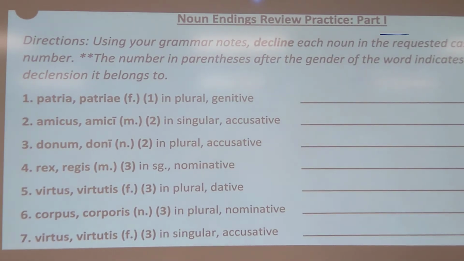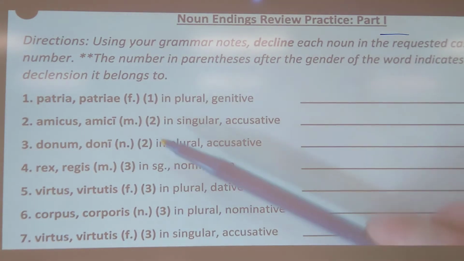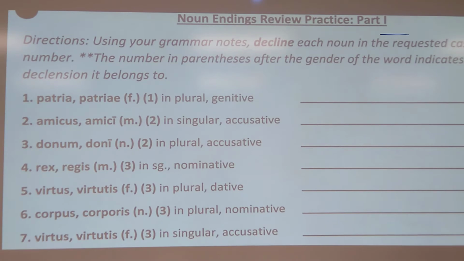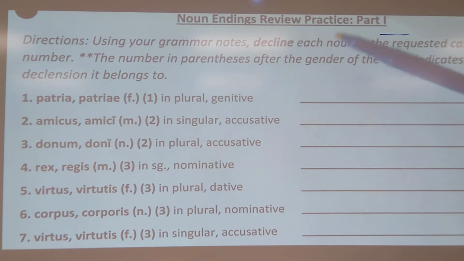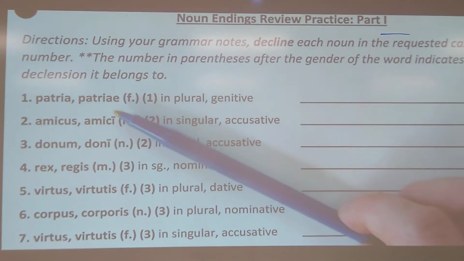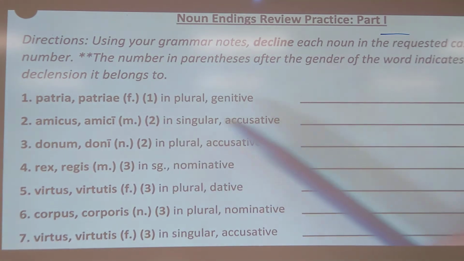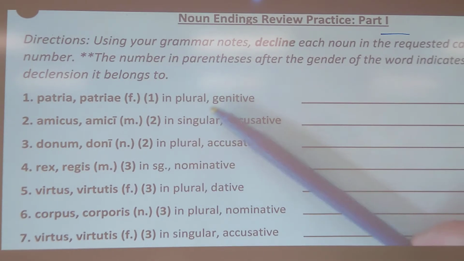And then at the end, instead of just letting you watch me do all of them, I'll just show you the completed key at the end so you can pause the video and check your work yourself. So on the front side, we have part one, where your job is to decline each of the nouns in the requested form.